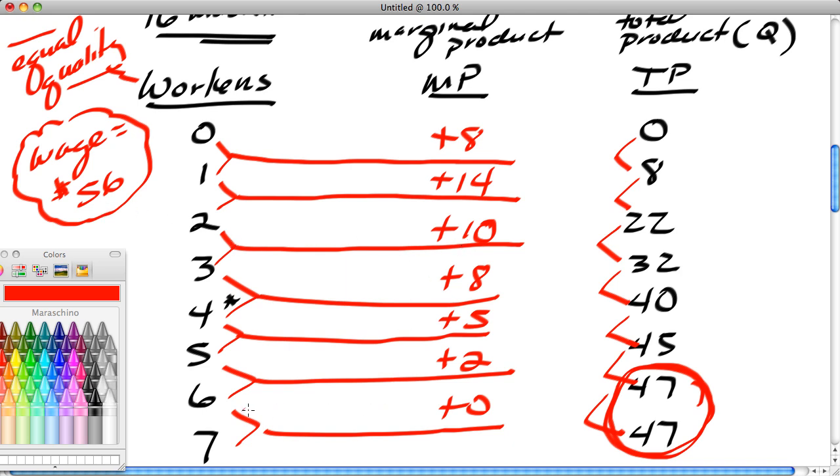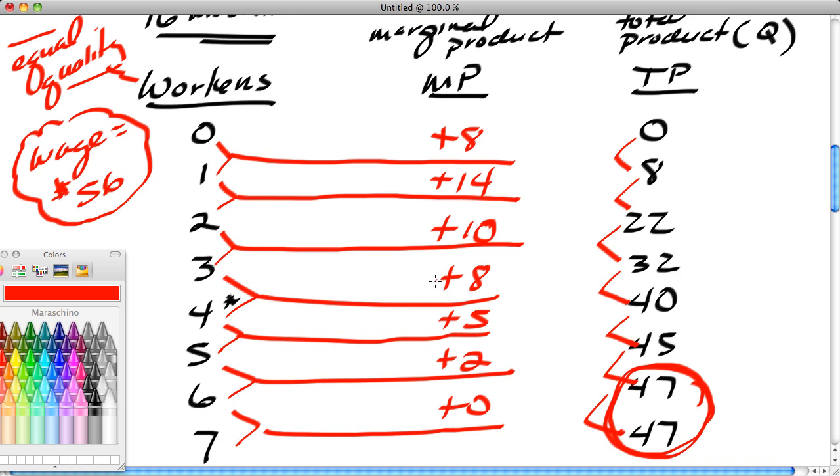Look at this. We add the sixth worker, we pay the sixth worker the same we pay the first worker, 56. But the sixth worker only adds 2 units of output to our production. In fact, if we hired the seventh worker, wow, that'd be wasteful. We pay the seventh worker 56, we get no additional output.